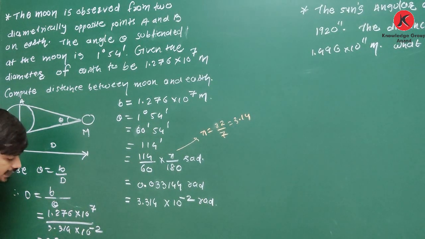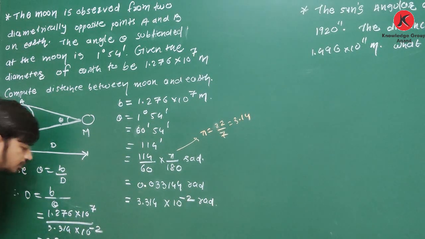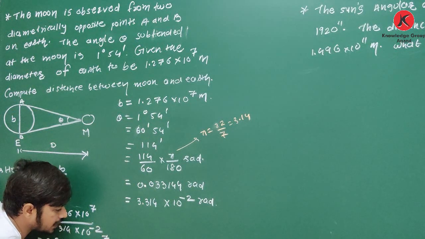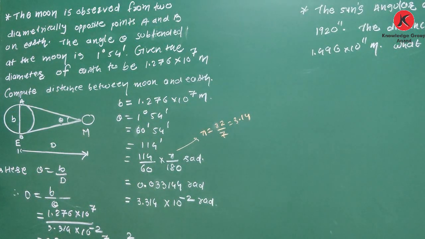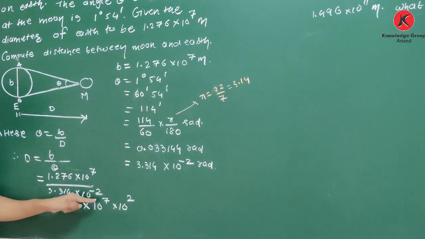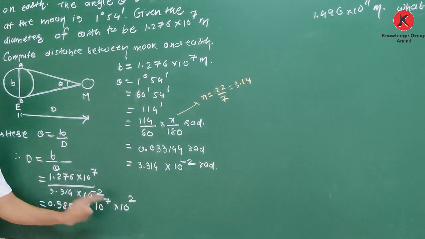If you take this 10 raised to minus 2 to the numerator, its power will become positive. So it is 10 raised to 7 into 10 raised to 2.